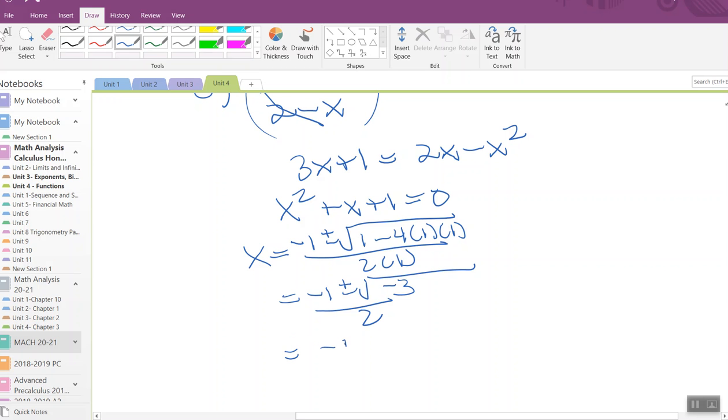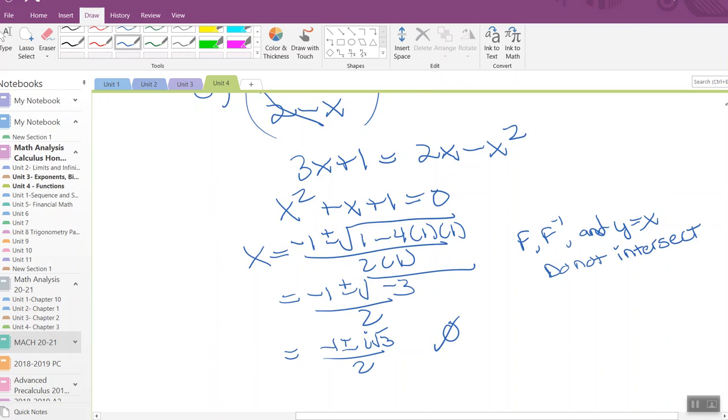So that means, because it's i root 3, there's no real solution, which means they don't intersect. So you could say f inverse and y equals x do not intersect.